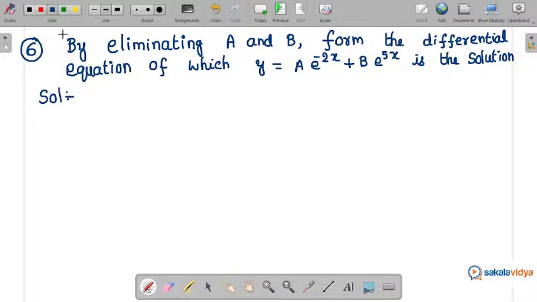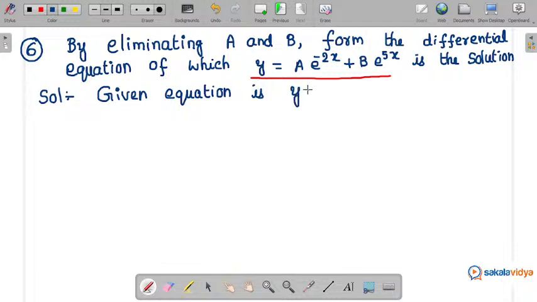So what is given actually here? So this is given. So now we can write given equation is y equals to a times e power minus 2x plus b times e power 5x.